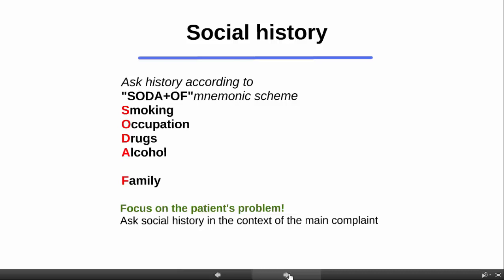I remind you that you have to use the social history and ask about these items only in the context of the main complaint. But we have some universal risk factors like smoking, drugs, alcohol, which are feasible to ask in every case and can be attached to any disease.